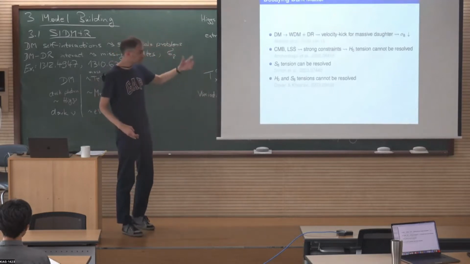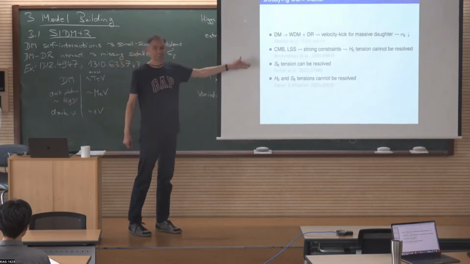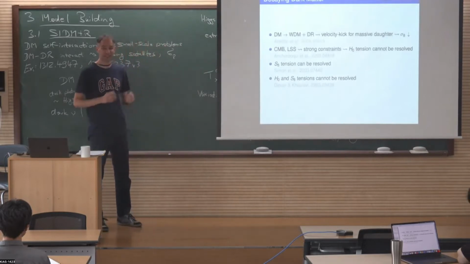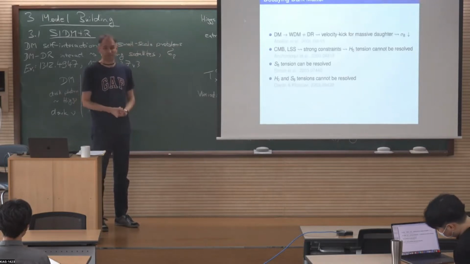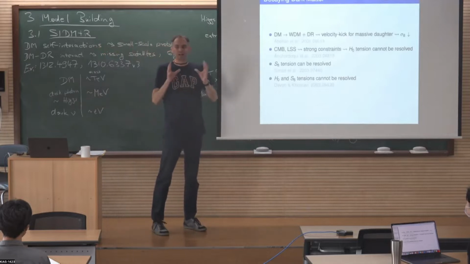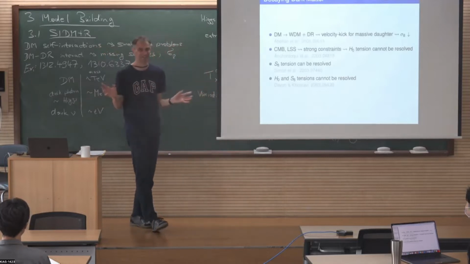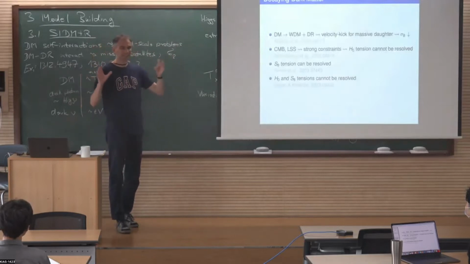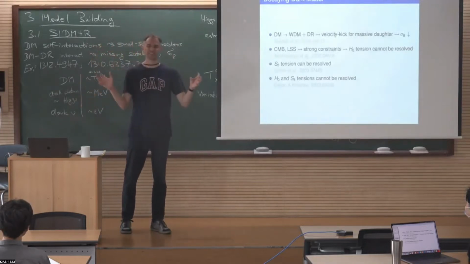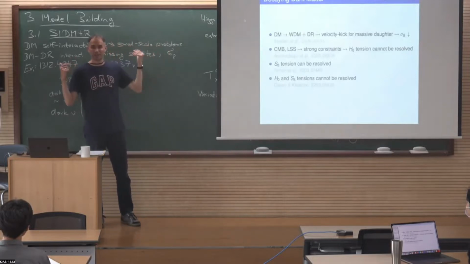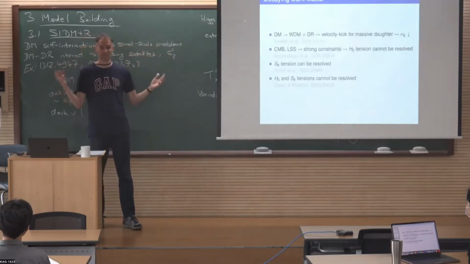But as not everybody agrees on that, maybe this is a promising direction to figure out. And maybe it isn't. Essentially the conclusion so far is that it's really hard to solve both these tensions at the same time. It's certainly true that you can push things and alleviate them, but it's not like you go from 5 sigma and 2 or 3 sigma to 1 sigma.